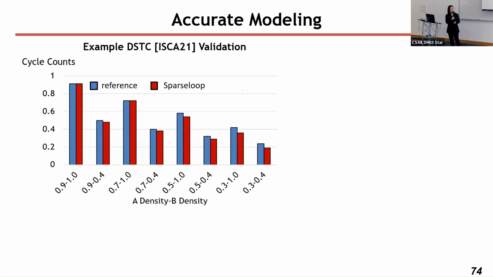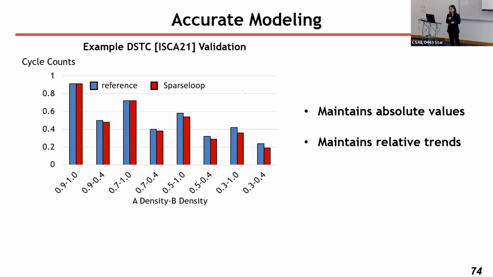As you can see here, for these validated workloads, we're able to maintain the absolute values of these cycle counts, and we are also able to maintain the relative trends, which is quite important for early design stage evaluation, because we do want to know how comparatively they perform, even if we don't have a lot of implementation details.